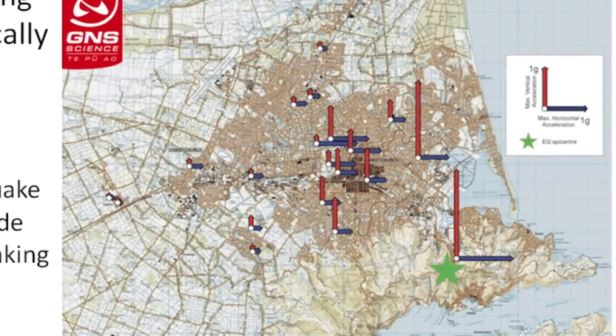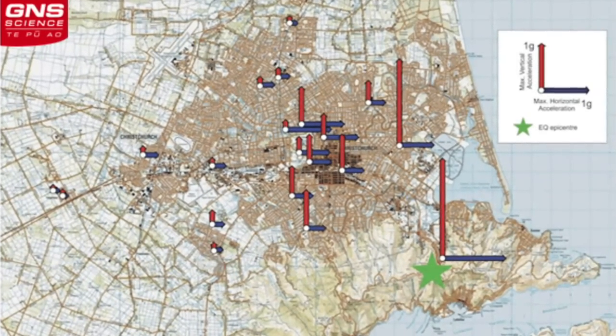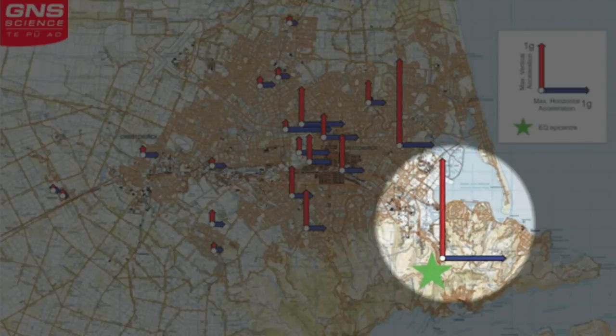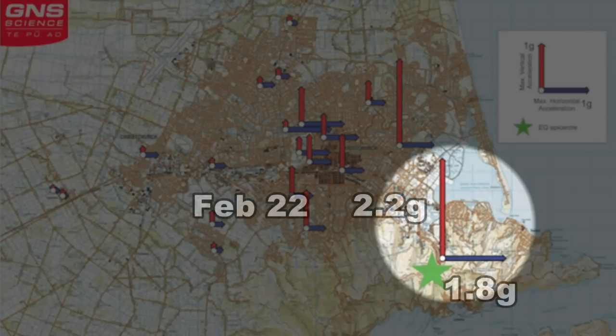So for example, if we're looking at the information that was gathered here in the Heathcote Valley, these arrows here show the peak ground acceleration recorded at this station here. The blue arrow, the horizontal arrow, is the horizontal acceleration, and the red arrow is the vertical acceleration. And that vertical acceleration is about 2.2 g, and the horizontal acceleration is about 1.8 g.